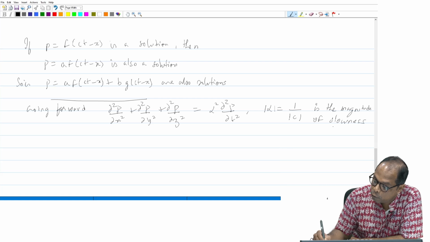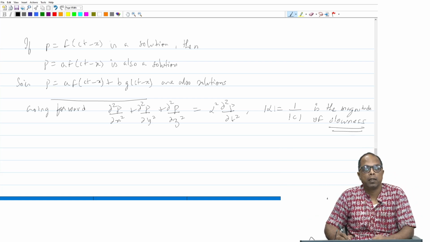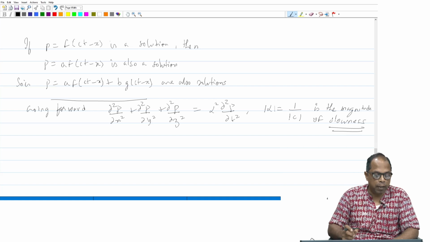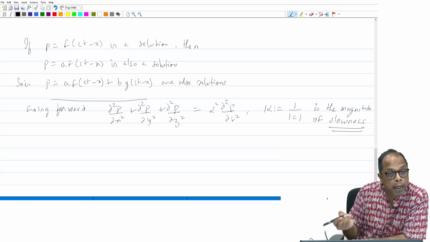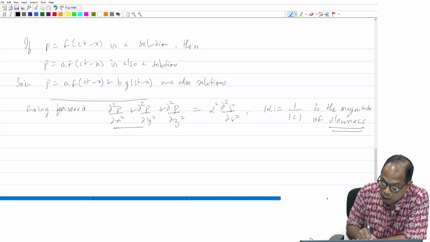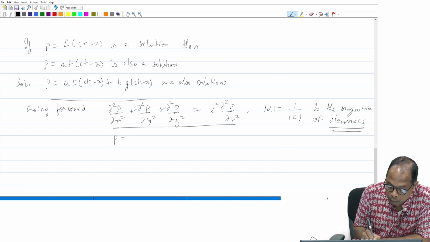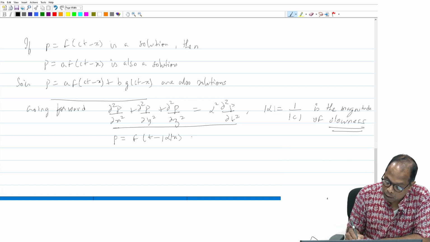So you have velocity c before, you have the reciprocal of c, and that we call slowness. Having things in terms of the slowness and the slowness vector simplifies things as we go along. It hasn't complicated things that much, the math. Now if you look at the solutions for this, it allows us to write p is equal to f of t minus alpha times x is a solution.